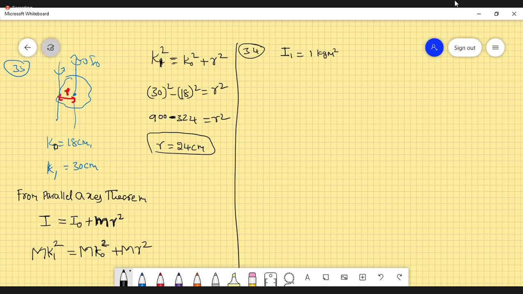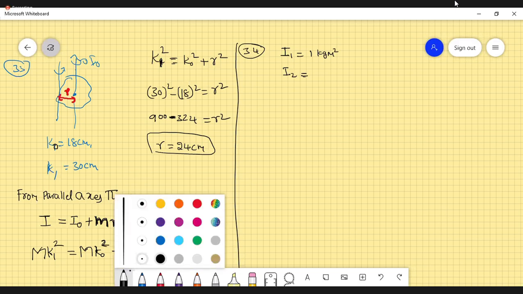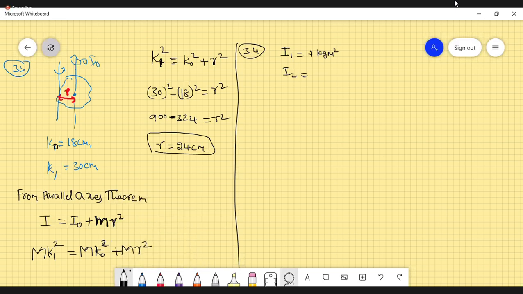The second time it decreases by 36%, so it becomes 64.